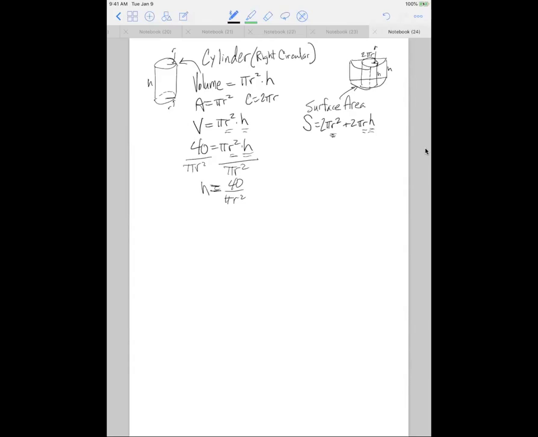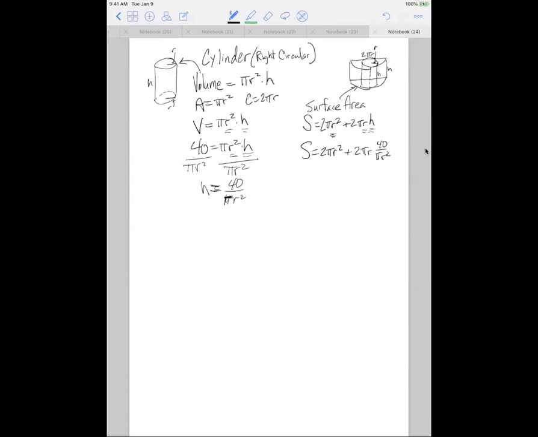All right, so there's our h, and that is what we can substitute into the other equation now and get it in terms of just r. We get rid of that h. So we end up with S now equal to 2 pi r squared. The r is going to stay there. This r is going to stay also, but we're going to replace the h with 40 over pi r squared.